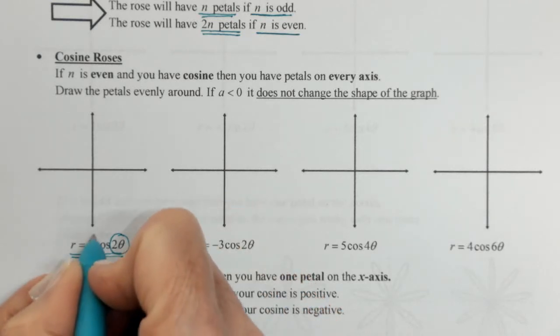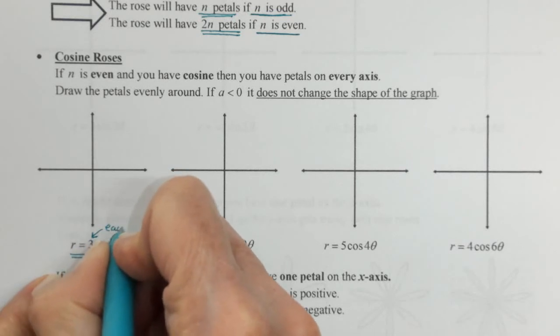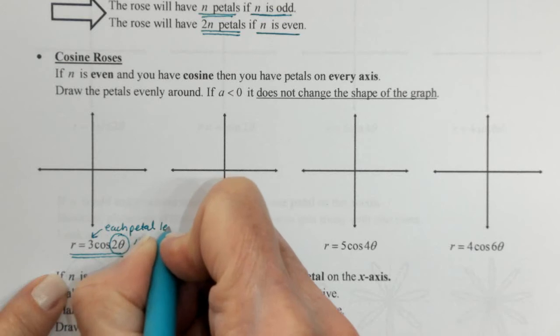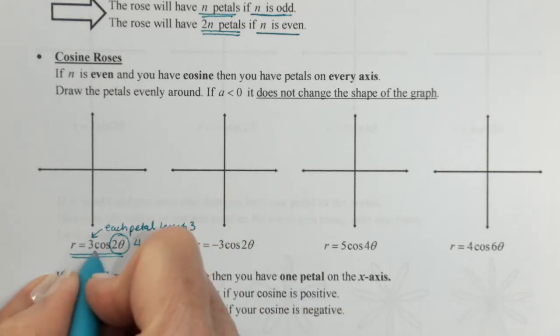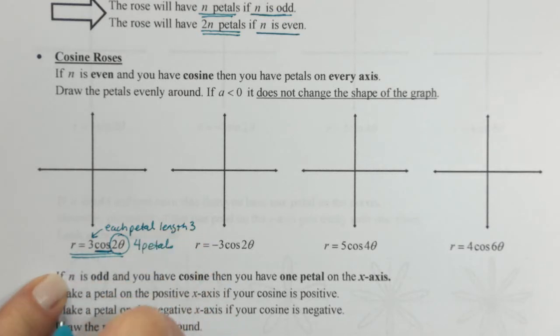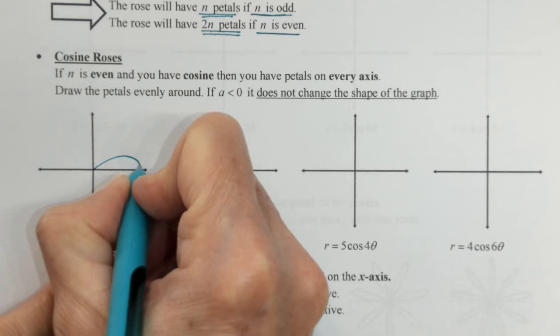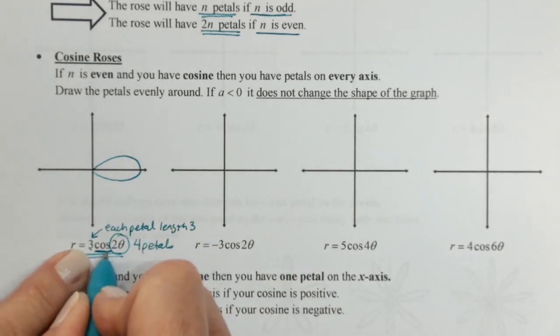I know each petal is of length 3. Each petal has that length. Okay? And it's a cosine. So since it's a cosine, I know that I'm going to have a petal on the positive, I start with the positive x-axis.